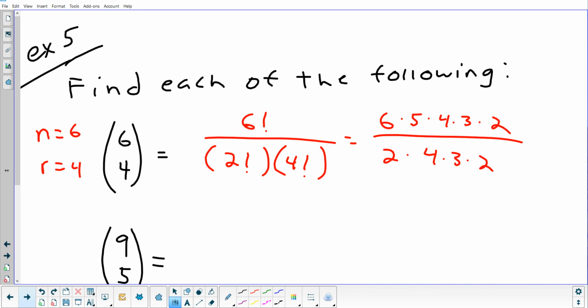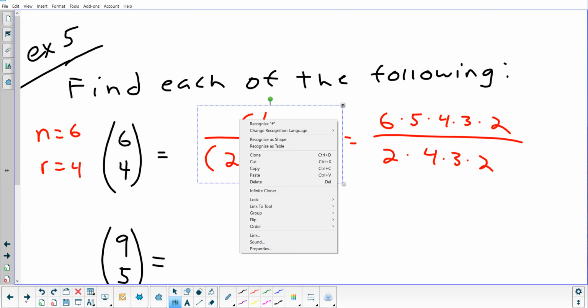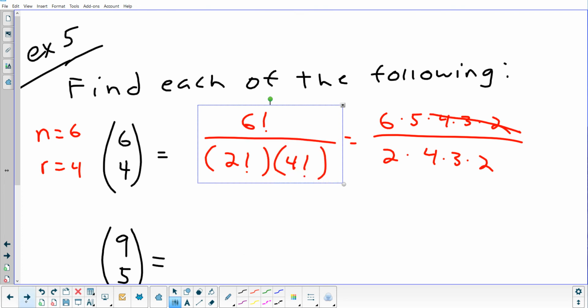You can always cancel the bigger factorial in the bottom completely into the one in the top from its point down. So everything from there down will cancel with the 4, 3, 2 in the bottom.